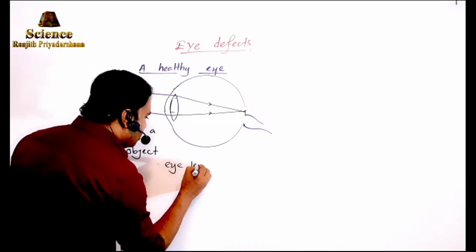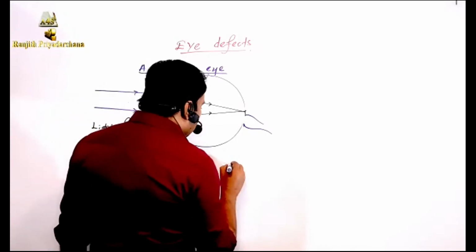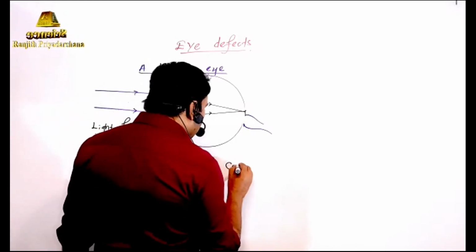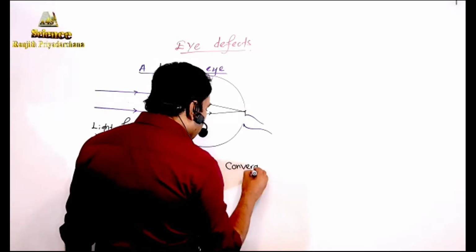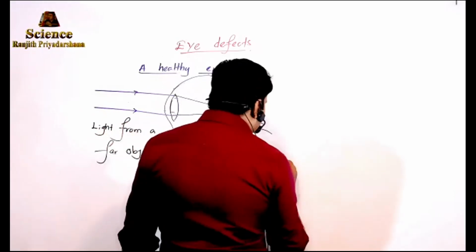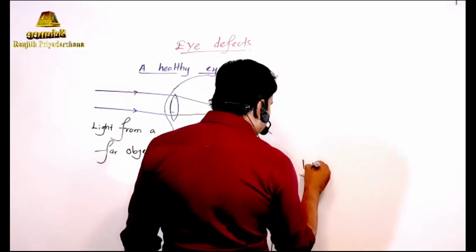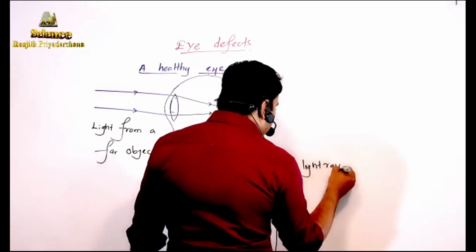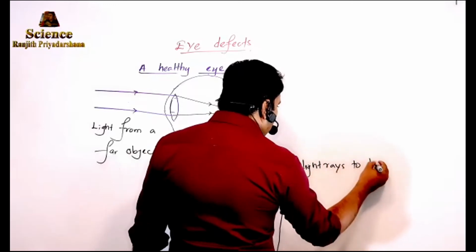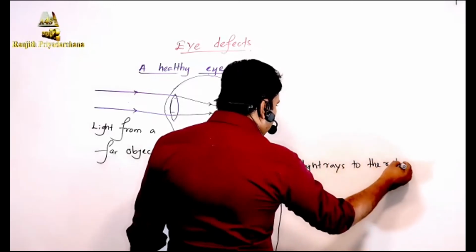The eye lens converges light rays to the retina.